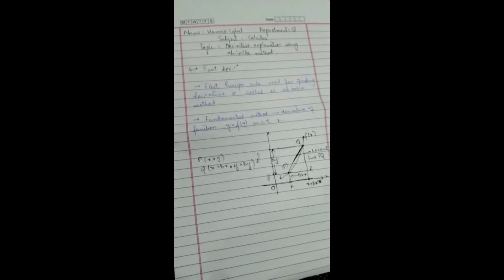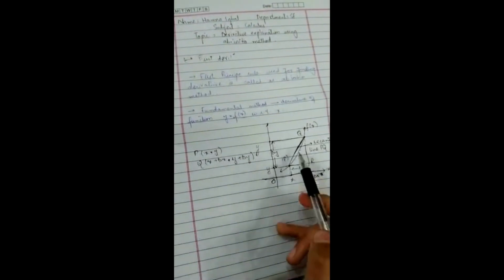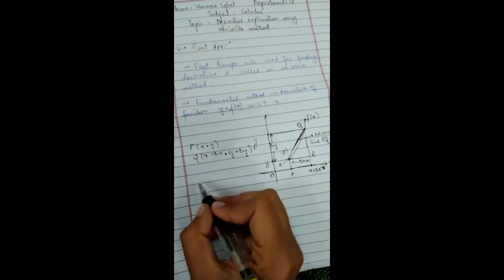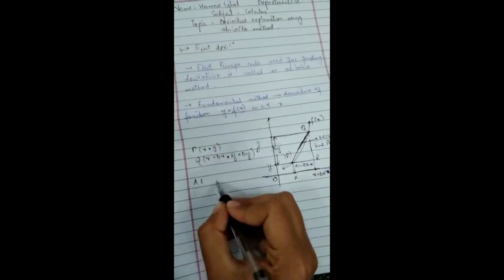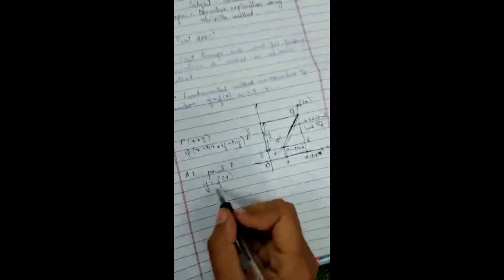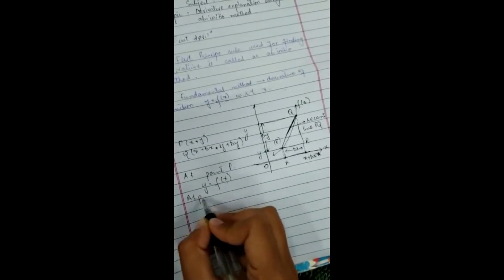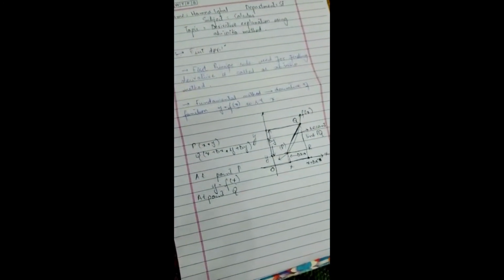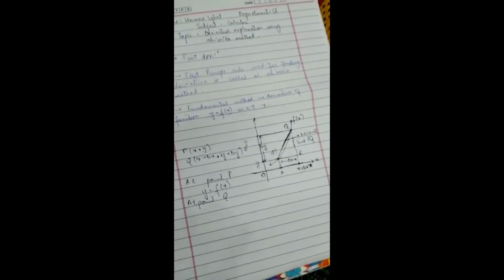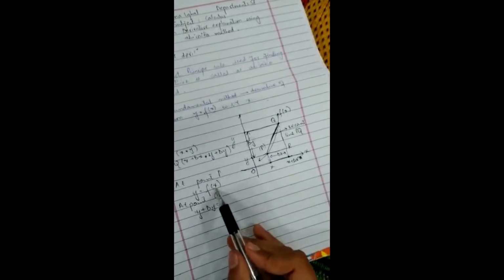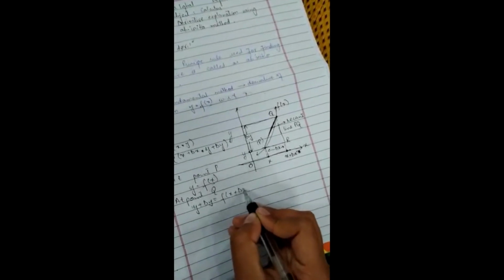If we say that at the point P the function was y is equal to f of x, but at point Q there is a change in the function, which means there is an increase. y becomes y plus del y, and x also changes to x plus del x.